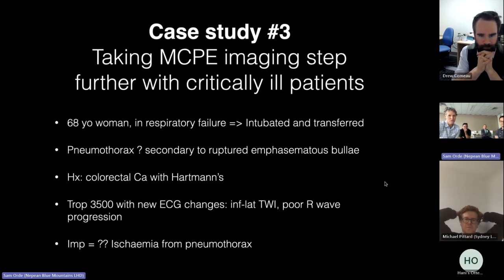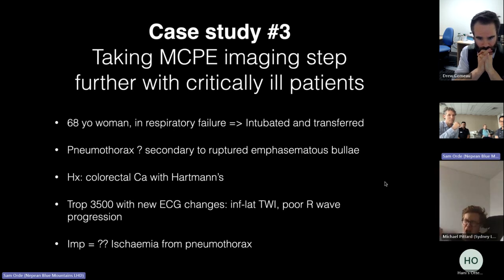So let's say we've got a 68-year-old woman in respiratory failure, intubated and transferred down to us from another hospital. She had a pneumothorax secondary to a ruptured emphysematous bullae, we thought, and had a history of cancer in the past and had a Hartmann's.